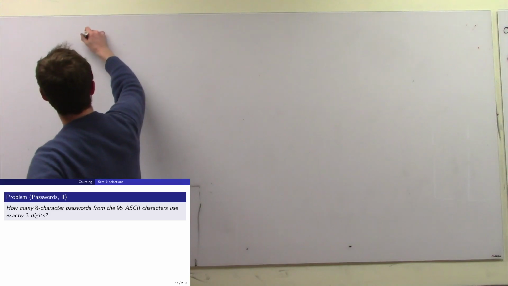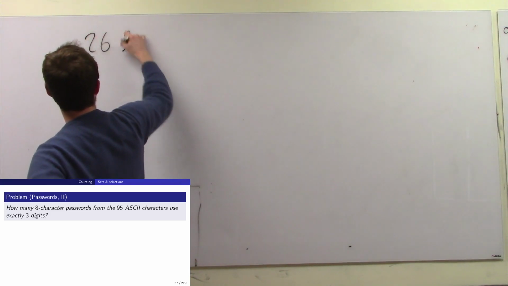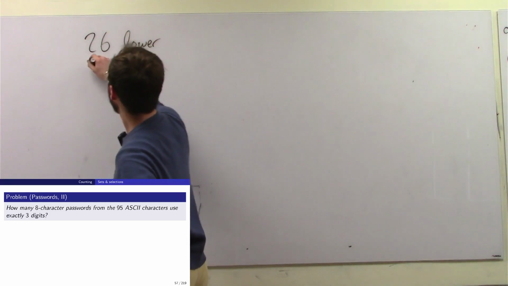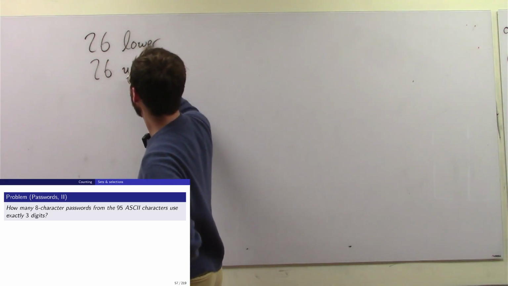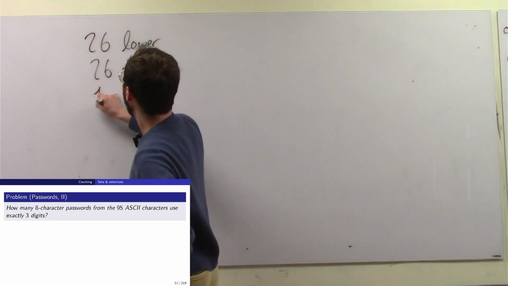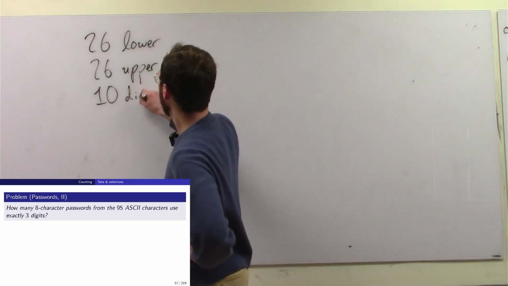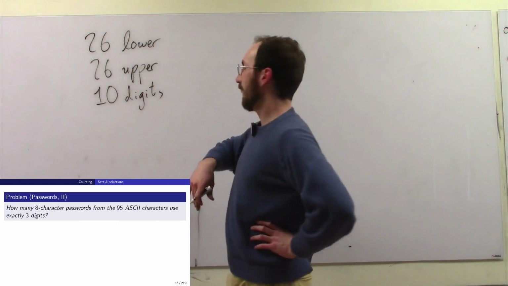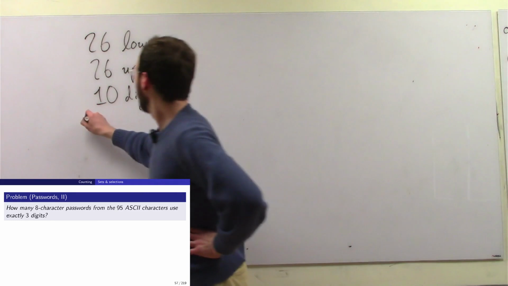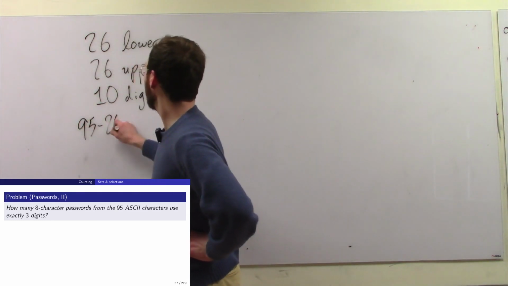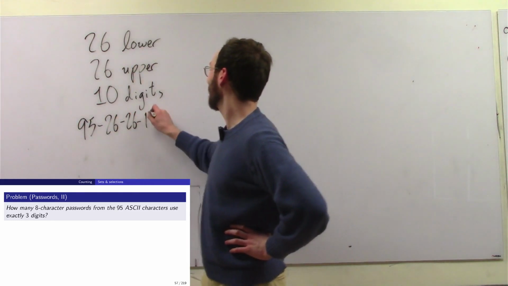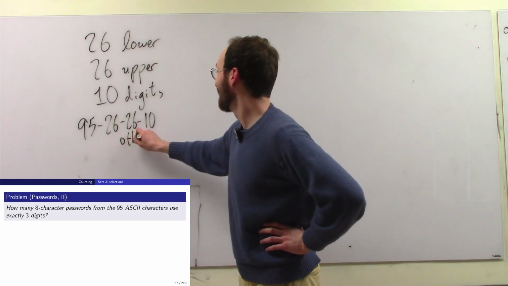So with ASCII, there's 26 lowercase, there's 26 uppercase, there are 10 digits, and then 95 minus 26 minus 26 minus 10 other things.